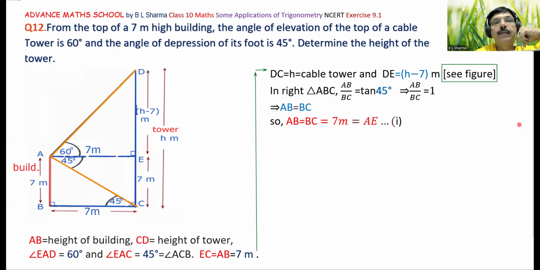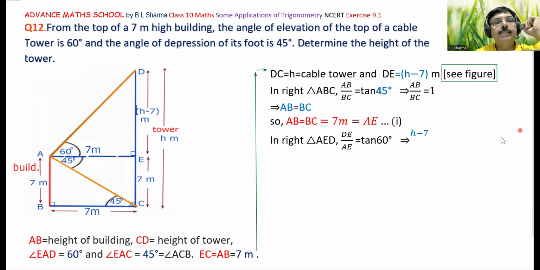Now, in right triangle AED, this A, this E, and this D. DE upon AE for acute angle 60 degree, that is tan 60 degree.